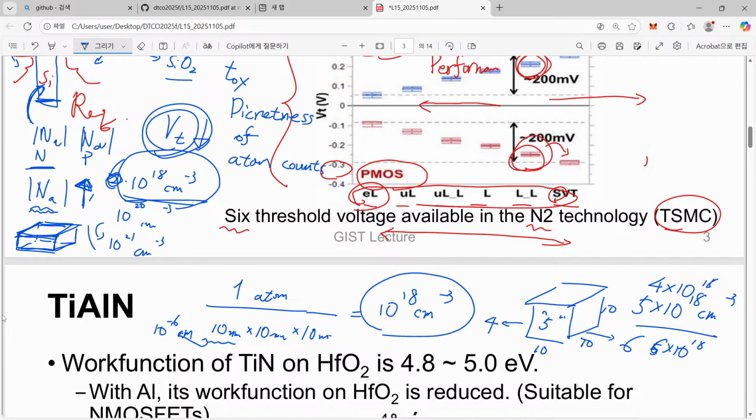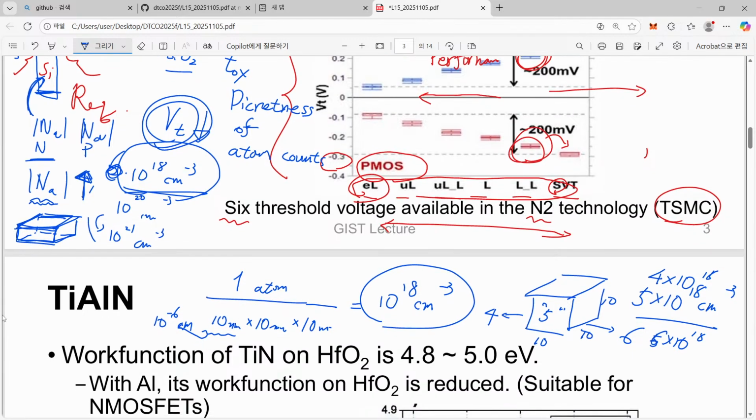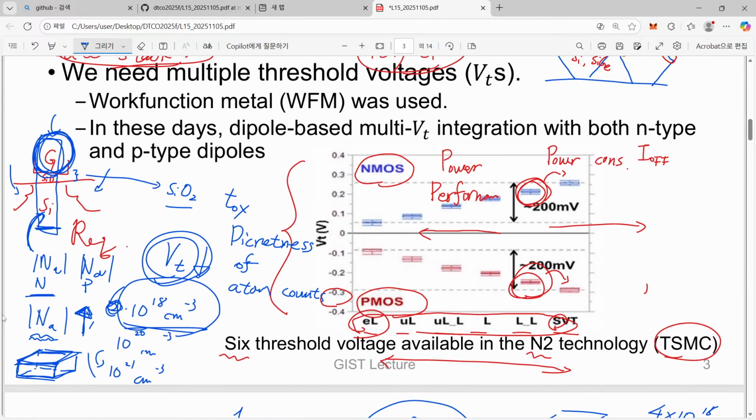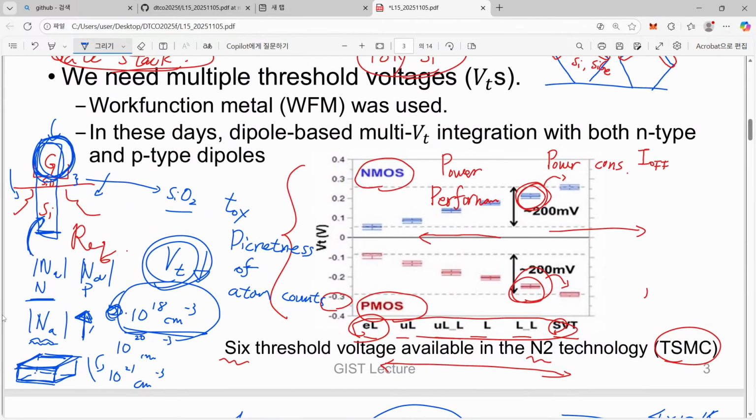There is severe fluctuation or variability of threshold voltage. That was the showstopper of our previous technology development. People, if we just show the champion data, one transistor, it looks beautiful.